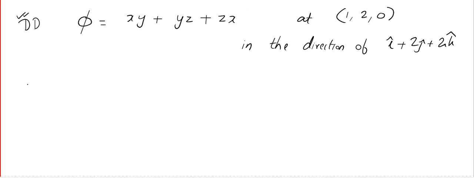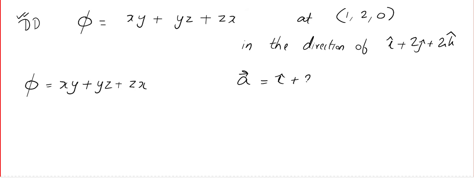This is one of the most repeated questions. So the first thing we do is we make sure all the functions have proper names. Anyway, I already called the first function phi, and the direction in which we have to find, we are going to call i plus 2j plus 2k as A, and the point is 1, 2, 0.